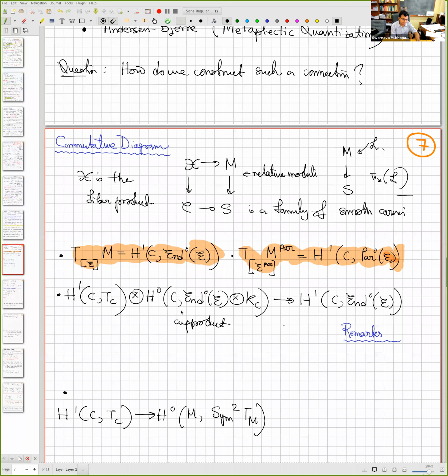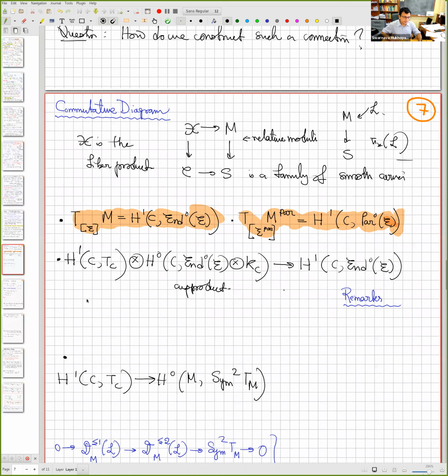Here is the H1 of the curve with values in the tangent bundle, so that is computing the deformations of the curve, whereas this other thing is just the cotangent space of the moduli space at the point E. If I take the cup product, as you see, this T_C and K_C cancel, and I'm just left with the endomorphism bundle, and then H0 and H1 here lands me in H1.